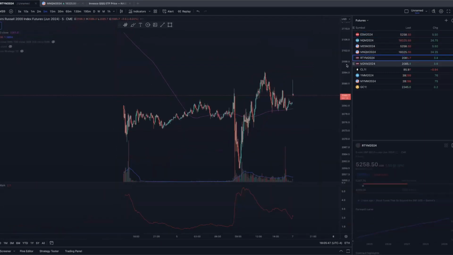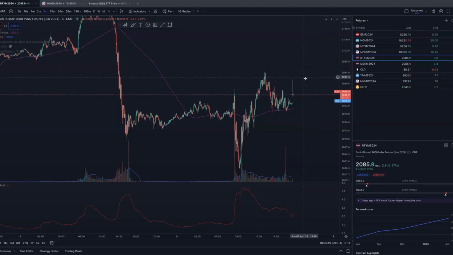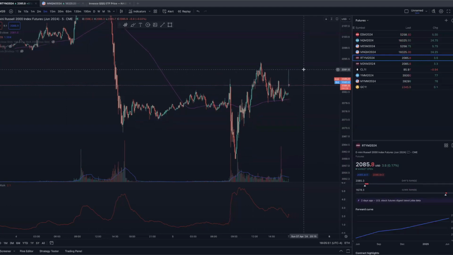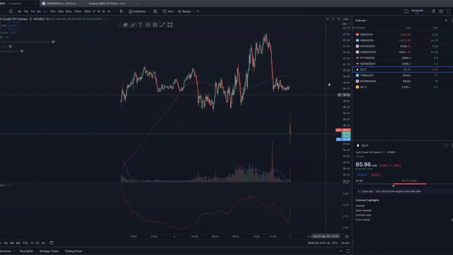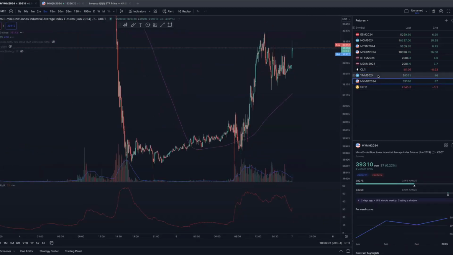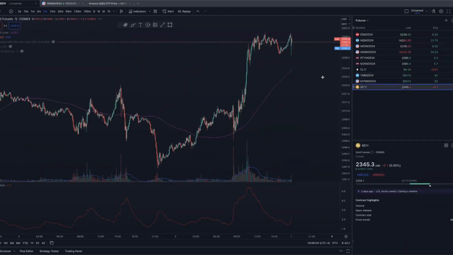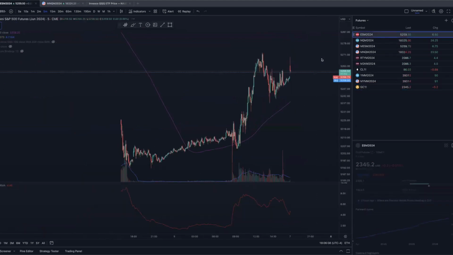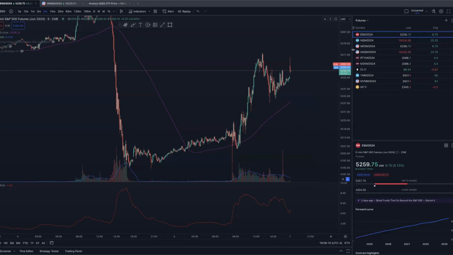If you like trading IWM, which is Russell 2000, this is the futures for Russell 2000. If you like trading crude oil, this is the futures for CL, crude oil. This is for Dow Jones. And what you see right now is for gold. So all these are futures trading markets.